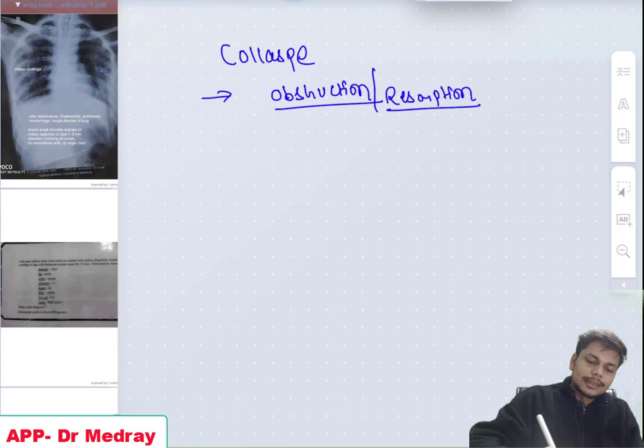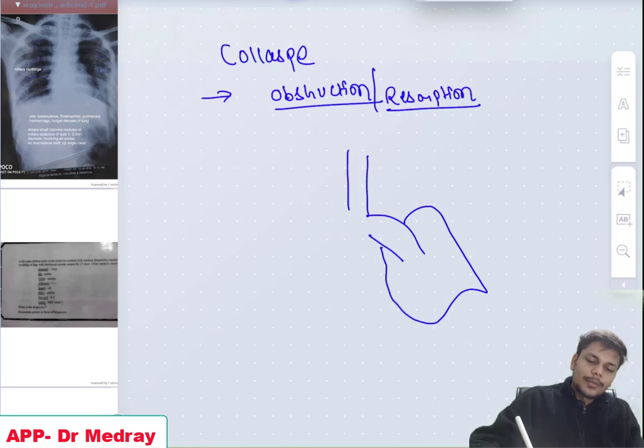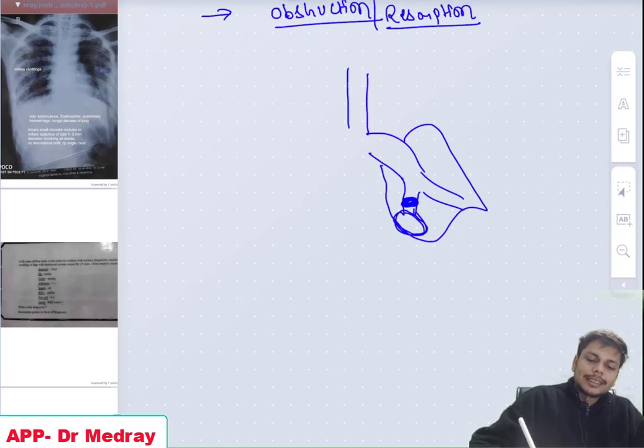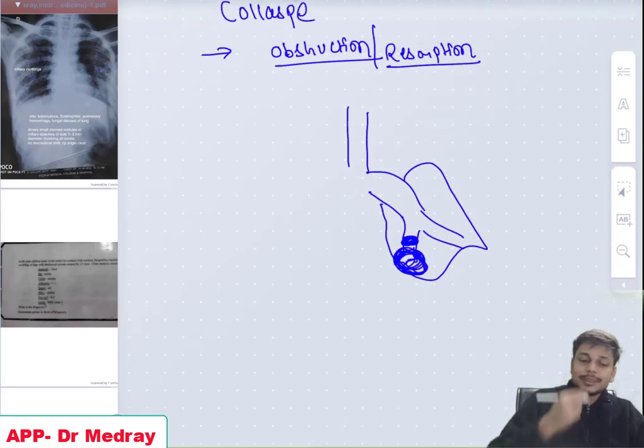Let's understand with the diagram. Let's suppose this is your lung. If the patient aspirates something and the aspirated particle gets stuck in the bronchus, distal to it there will be no movement of air. The air present in this obstructed area will be absorbed and this part of the lung will collapse. So one type of collapse is obstructive or resorptive collapse.